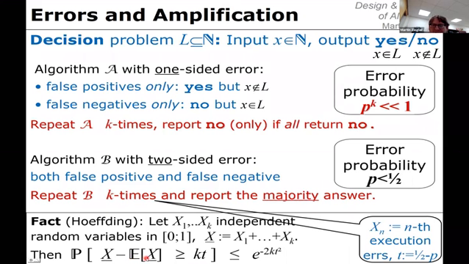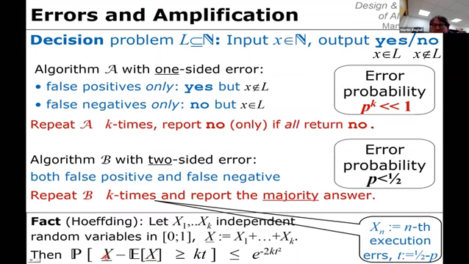What is the expected number of failures? Well, each execution is supposed to fail with error probability p, and by linearity of the expectation, therefore the expected number of failures in the sum is k times p, right? Each one has failure probability p. Therefore, the expectation of the sum is k times p.